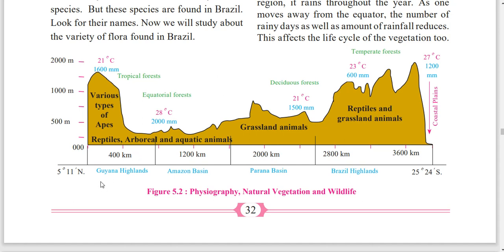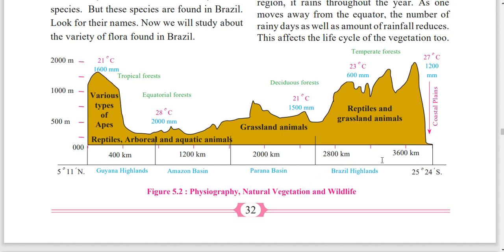So towards the north, the Guyana highlands are there. Here we can see various types of apes, reptiles, arboreal and aquatic animals near the equator. And tropical forests, equatorial forests, are there near the equator. Then when we move towards the south, in the Parana Basin, grassland animals and deciduous forests are there.